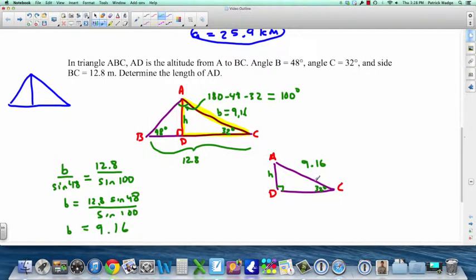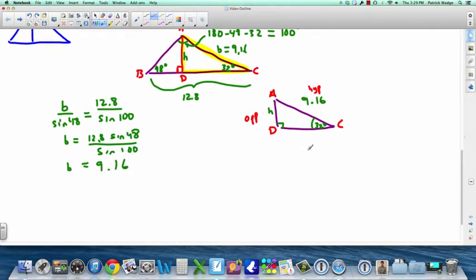So let's look from this angle and name the sides we're interested in. Well, the h here is across from the angle, so that's opposite, and this is the hypotenuse. Which one of our ratios is opposite and hypotenuse? It's sine. So what we can say is sine 32 equals the opposite, which is h, over the hypotenuse, which is 9.16.